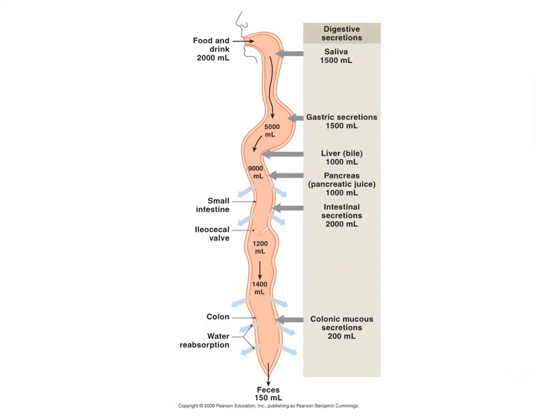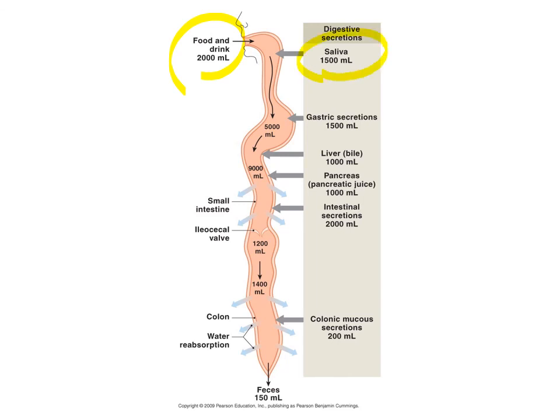So this is showing us the amount of food and liquid that we consume with additional secretions by our body. So in any given day, we are going to consume about 2,000 milliliters of materials.